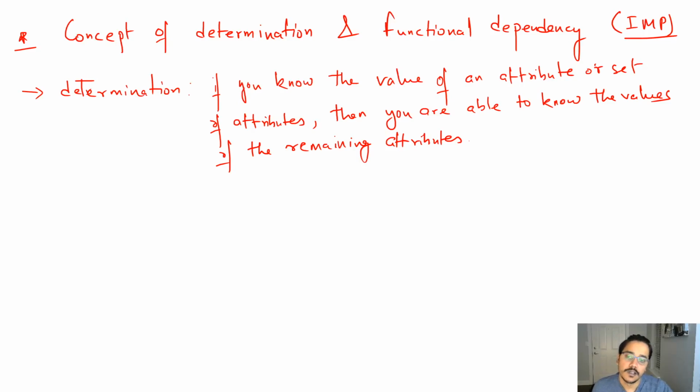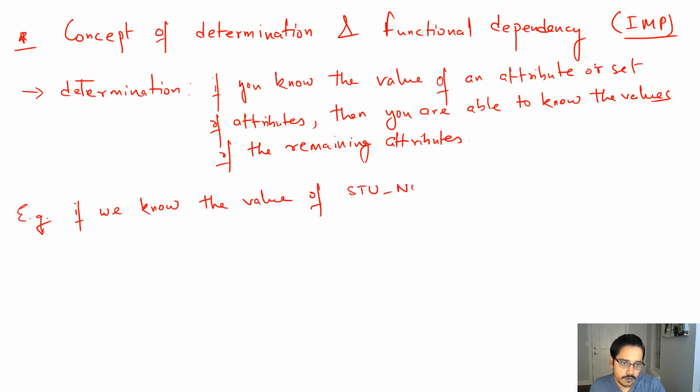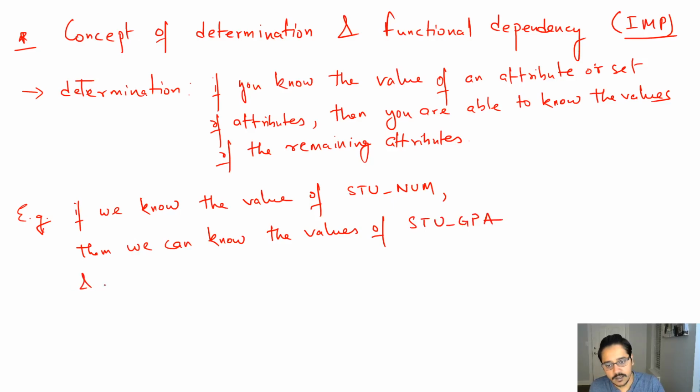So that means that, as an example from the previous slide, if we know the value of student number, then we can know the values of student GPA and, let's say, student address associated with that student number.